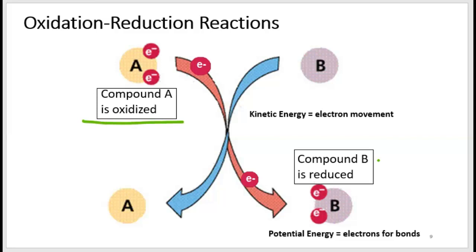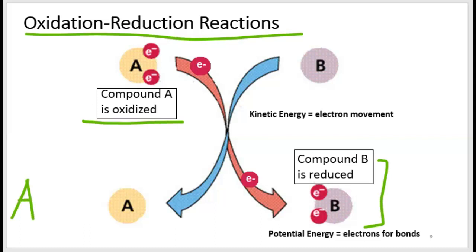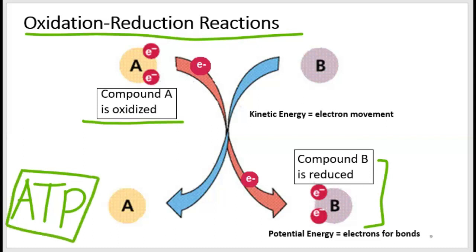B is reduced because it has gained electrons. This whole concept of oxidation reduction reactions is very useful for making an energy storage molecule called ATP. And when we talk about how cells make ATP, we'll come back to oxidation reduction reactions.